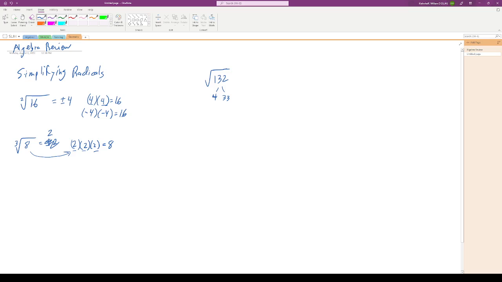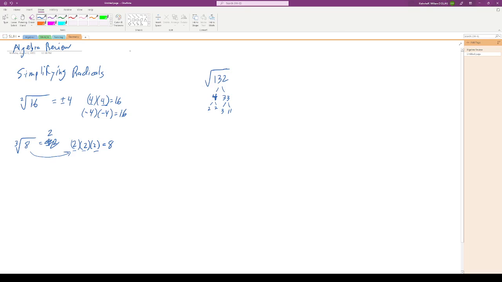So I could then keep factoring. The 33 is 3 times 11. Those are both prime numbers. I can't factor that further. This 4 I can factor into a 2 times a 2. I can also not factor it if I recognize that this 4 is a perfect square. And I can just stop there and say, oh, that's going to give me a 2 that I can release from the radical.